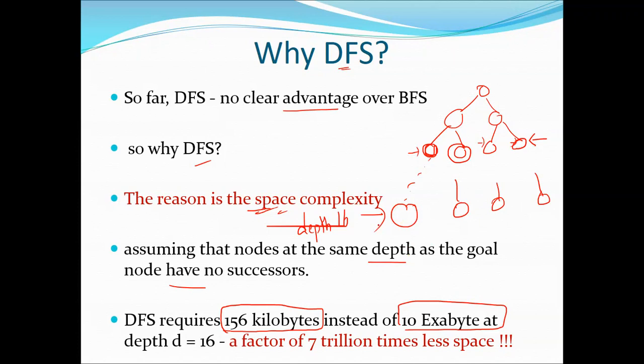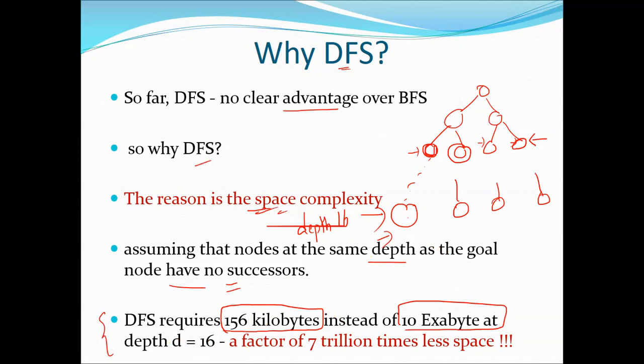At which depth the goal node is available, the nodes at that depth don't have any successors. If we have that assumption, then DFS will require only 156 kilobytes of memory. But if you use BFS, it will need 10 exabyte of memory if the solution is available at depth 16. This we have already discussed based on the chart.